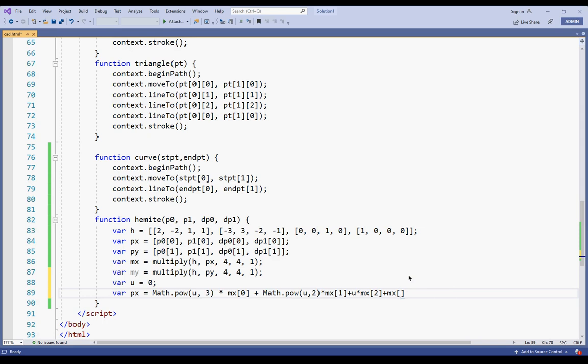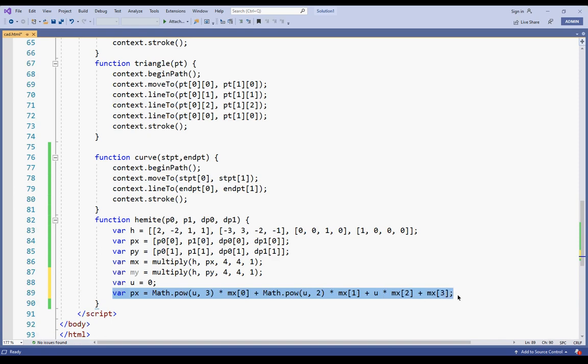So that will be mx3. In this way I am going to get a value of px. I am writing the formula in simplified form, that is u cube into mx0 plus u square into mx1 plus u into mx2 plus 1 into mx3. I'm not writing 1 here in this case, just writing it as it is.